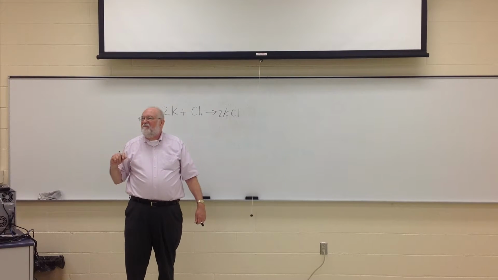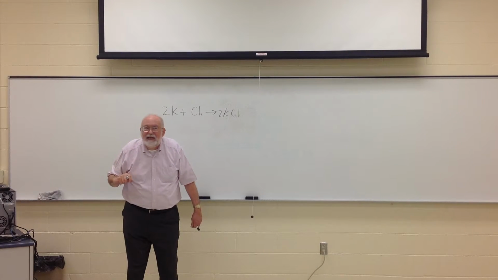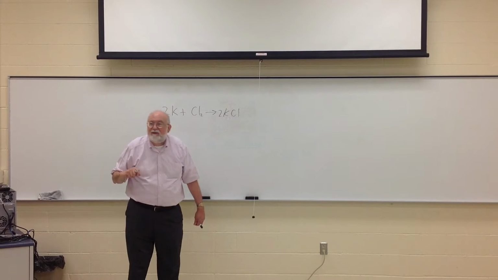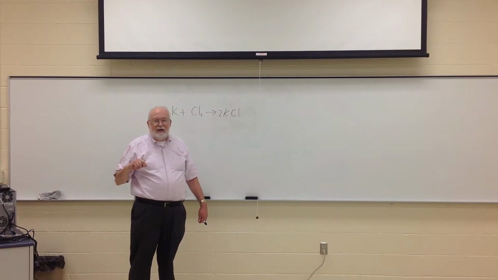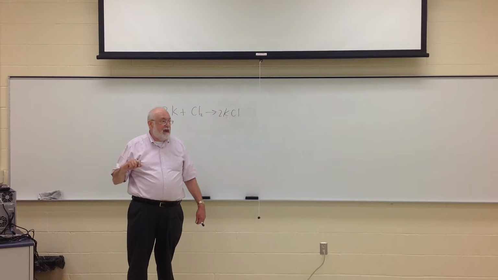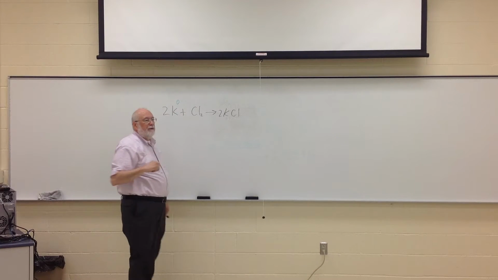Tricked ya. Potassium, the element. See, it's uncombined with anything else. So what's the charge on an element? What's an element made of? Neutral atoms. That's right. So what's the charge? Zip.